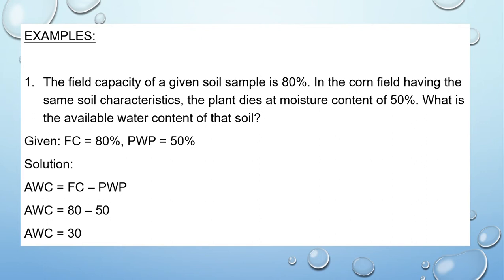So, the field capacity is given 80%, the permanent wilting point wherein the plant dies at moisture content of 50% is 50%. How do we get the available water content? So we just simply deduct 80 minus 50, so we have 30 as the available water content.